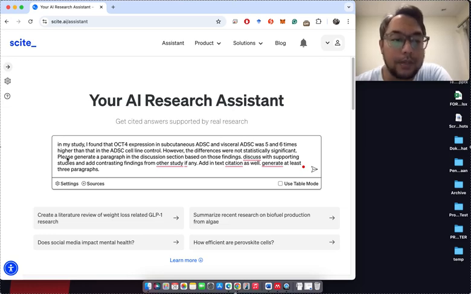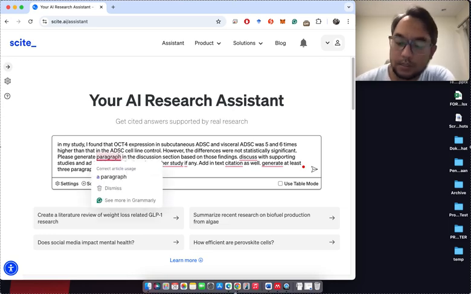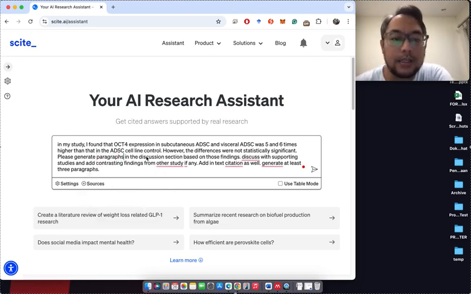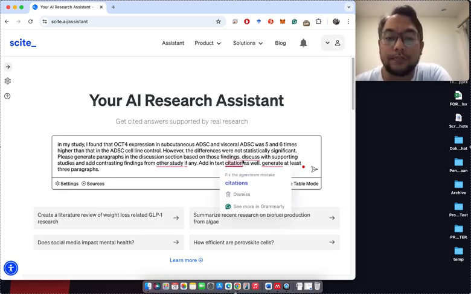Then the prompt is, please generate a paragraph, or maybe more than one paragraph, in the discussion section based on those findings. So I told the AI that I'm going to write in the discussion section based on those findings.